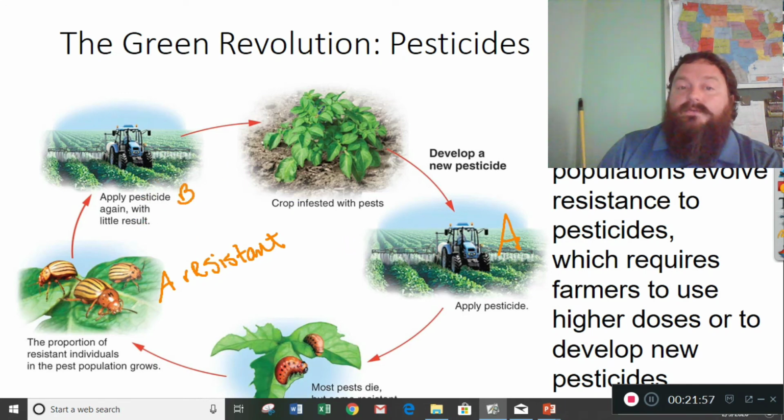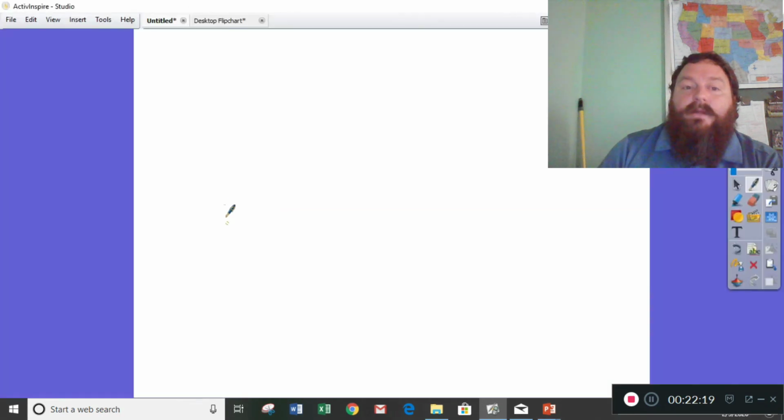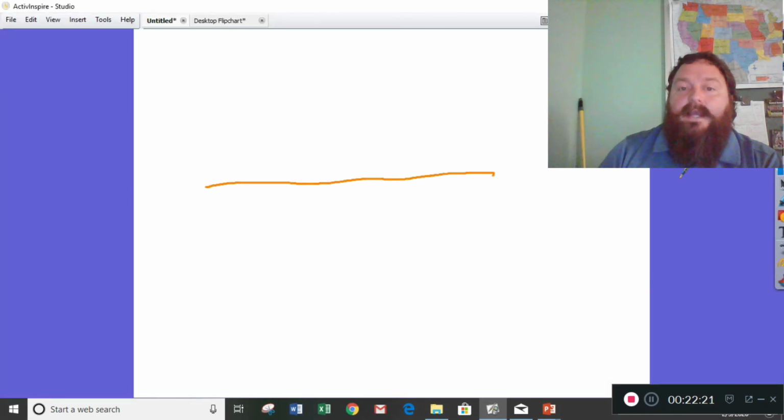Now when we do that, these ones that are resistant to A are exposed to it. The resistant A ones die off, the B resistant ones survive. Right? Then again, we reapply A, that kills off the A or the B resistant. When we reapply B, it kills off the B resistant, or sorry, the A resistant ones. This way, what we see is our pest population stays fairly steady and stagnant.